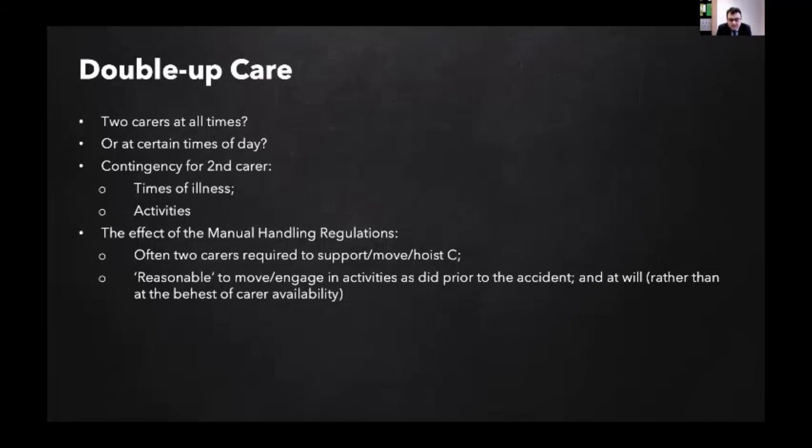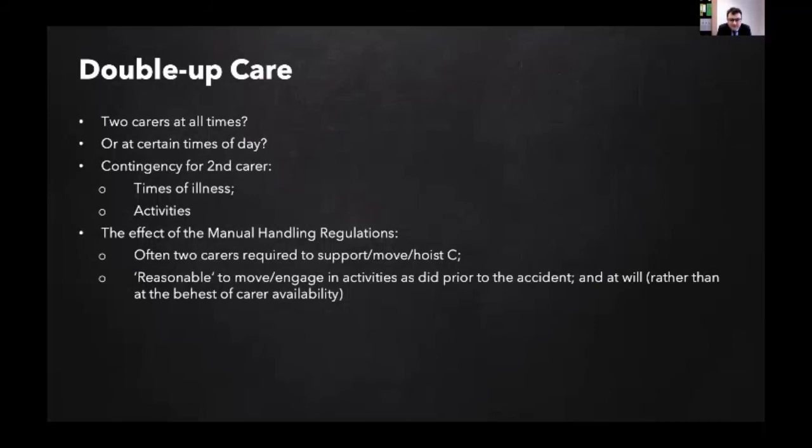But there may well still be those times of illness or particular activities that would require double up care. And there are various ways in which you can approach that. Again, you might decide that you're going to formulate your case on the basis that that care is a certain requirement at various times of the week and allow for double up care during those periods. Or you might add in a contingency for double up care over certain periods, illness being a prime example.